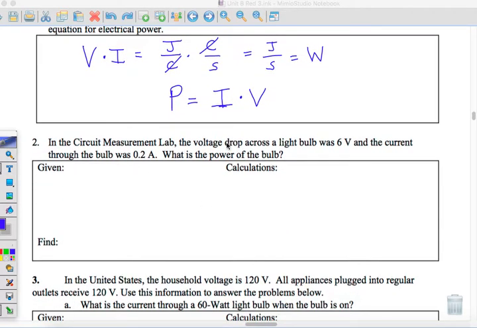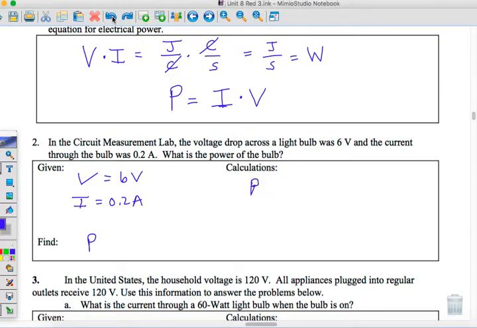So let's try to put that into action. In a lab, the voltage drop across the light bulb was 6 volts, and the current through the bulb was 0.2 amps. What's the power of the bulb? Well, we know that the voltage is 6 volts. We know that the current is 0.2 amps, and we're trying to find the power. We have our equation, P equals I times V, current times voltage.